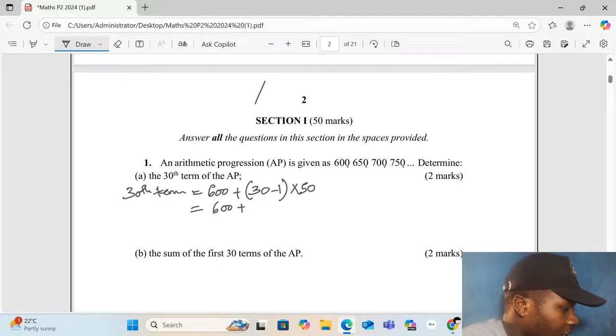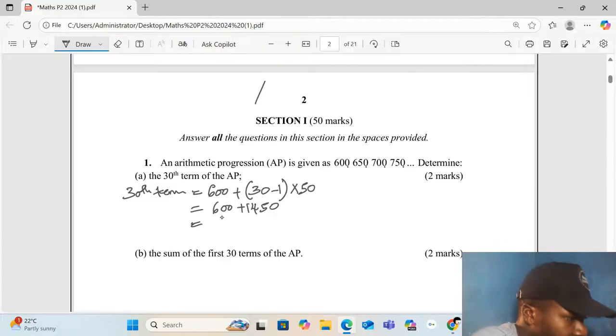Now 29 times 50, you get 1450. Now when you take 1450 plus 600, you're going to get 2050 as your answer.